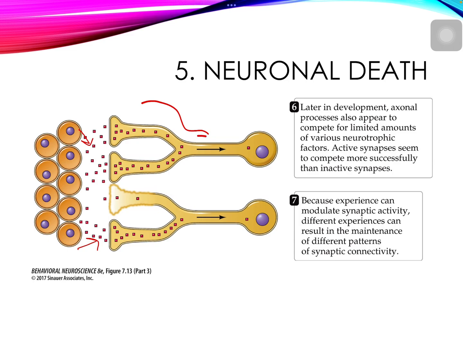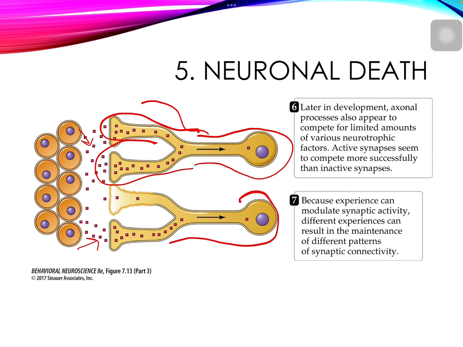This cell is getting nutrients in both of these synapses. But in this case, this synapse is getting plenty in and able to take it to the soma. But this particular synapse is not getting enough in. So remember the hungry hippo, this is eating them up, this is eating them up. But this one doesn't seem to be having as much success getting these neurotrophic factors.